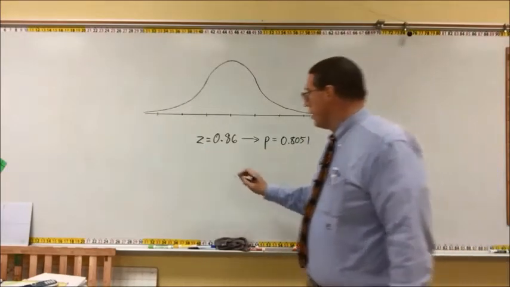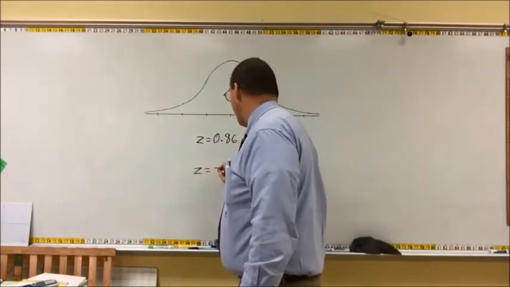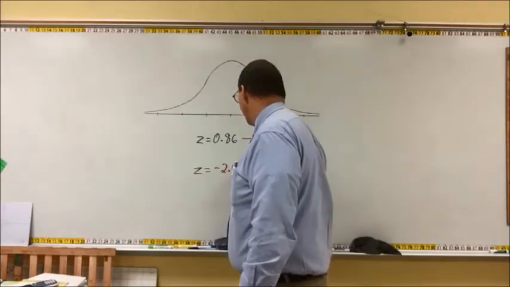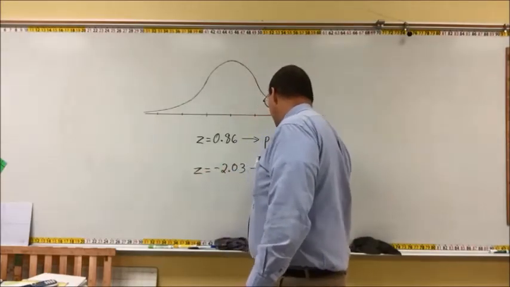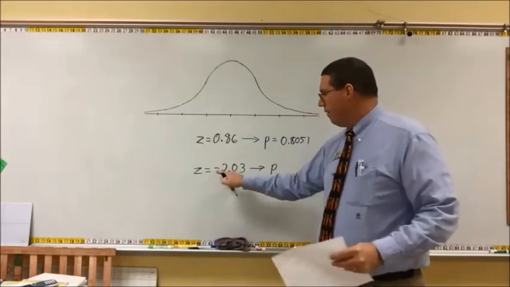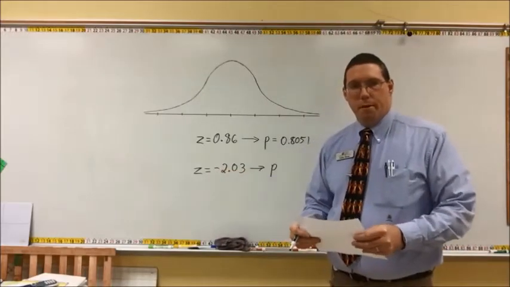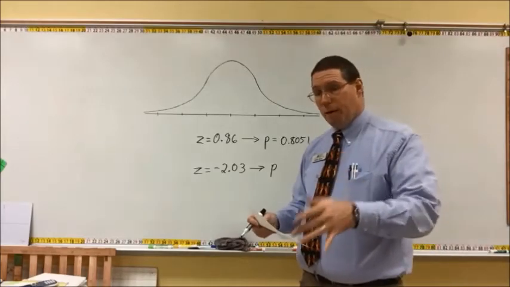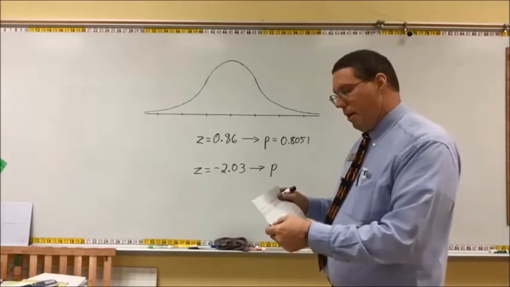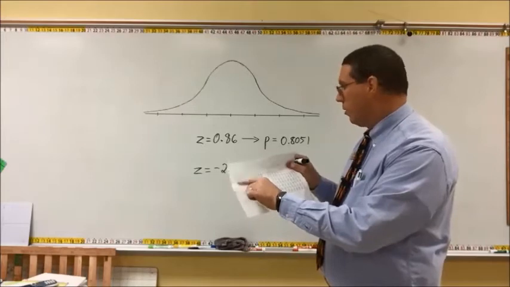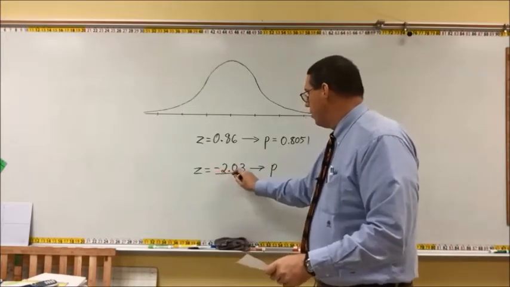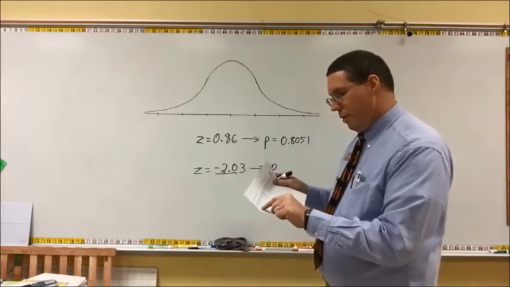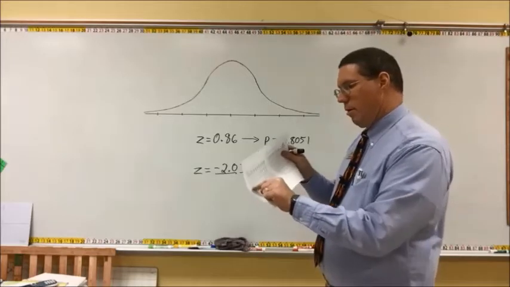Let's try another one. Let's say the z-score is negative 2.03. Let's turn that into a p-value. You can pause this if you didn't quite get it, or you can follow along with me. I'm going to go to the left side here, and go to negative 2.0, which is right here.